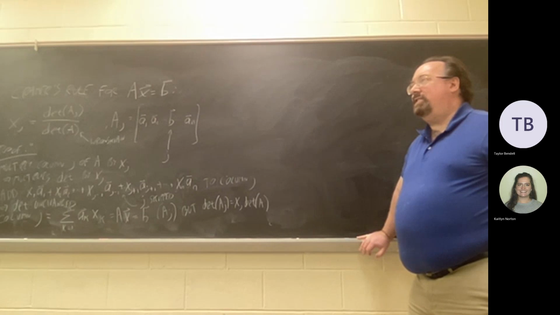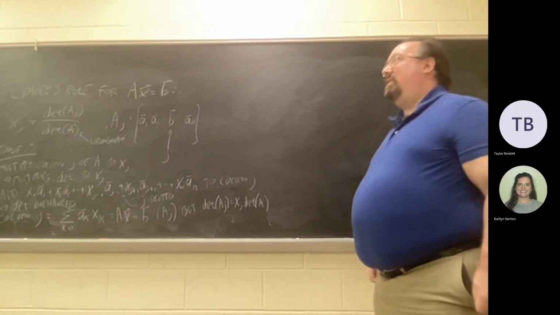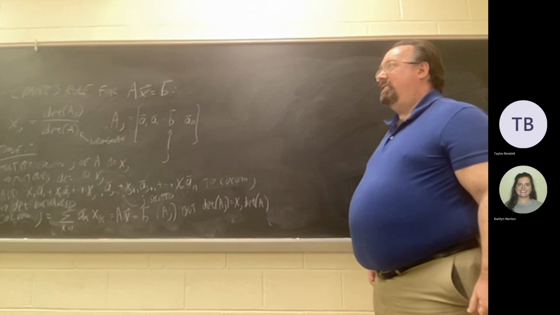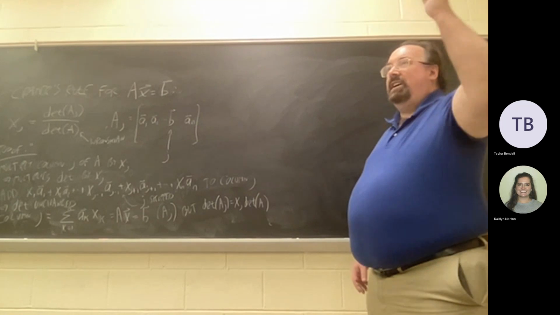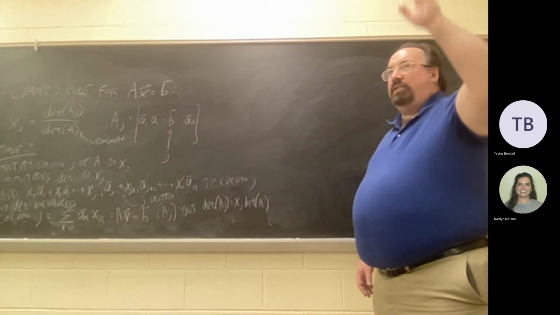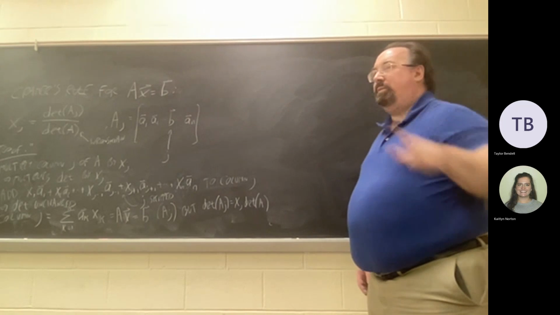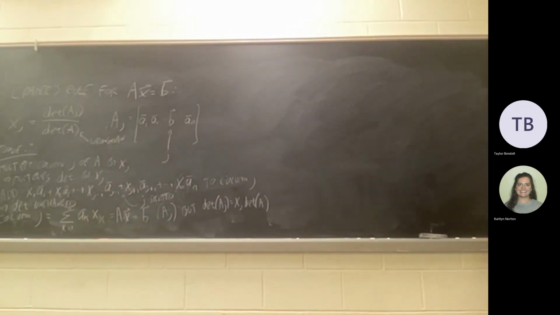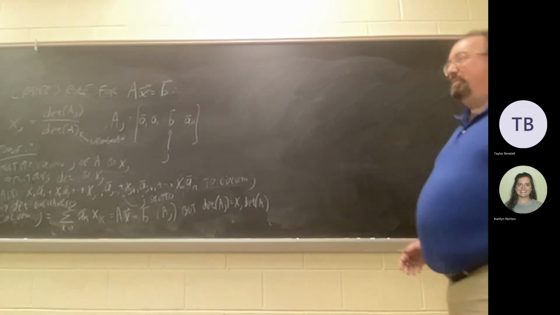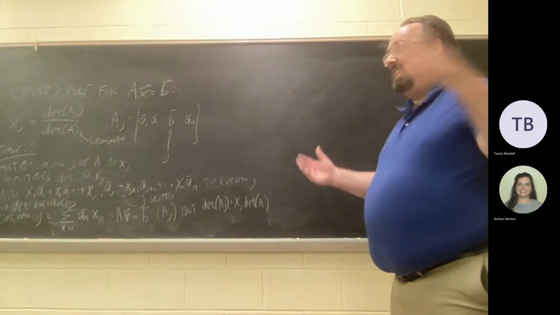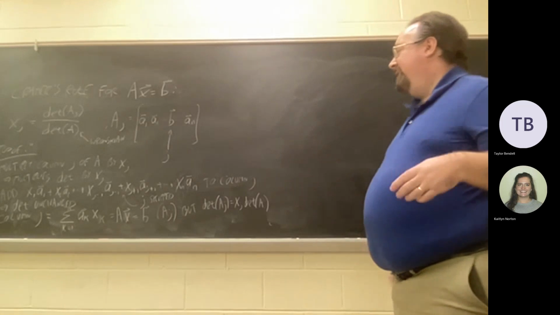The definition of a determinant is if you take all possible permutations of 1 to n, and you go down the rows of A, and you pick an element from each row according to a permutation, and then you multiply them all together, and then you multiply that by the sign of a permutation, plus or minus 1, and you add them all up. That's the determinant.